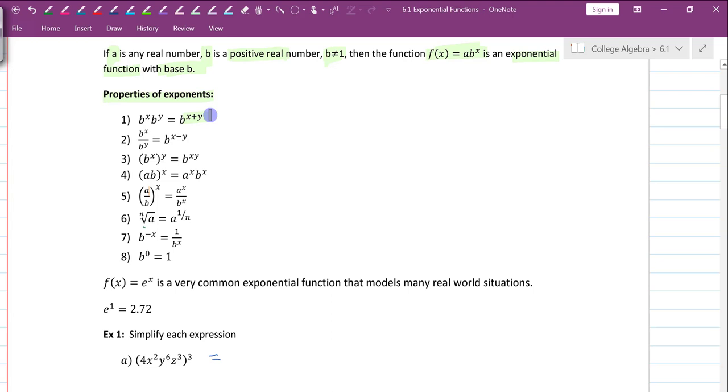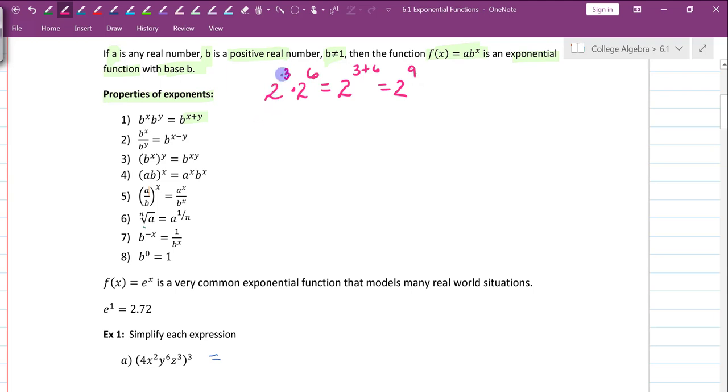So what that means is if I have 2 raised to the third power multiplied by 2 raised to the sixth power, that is equal to 2, that's our base, raised to the 3 plus 6, which equals 2 to the 9th power. And let's look at that a little bit more in depth.